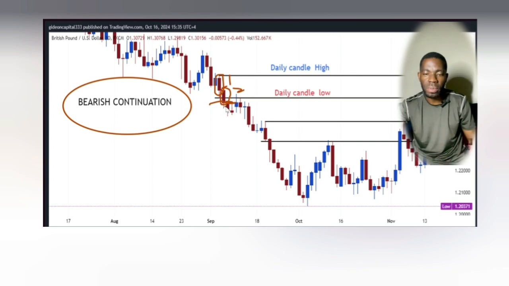Let me mark out the first day, second day, then this is the third day candle, that candle there. At the beginning of the third day candle, we would place our sales.